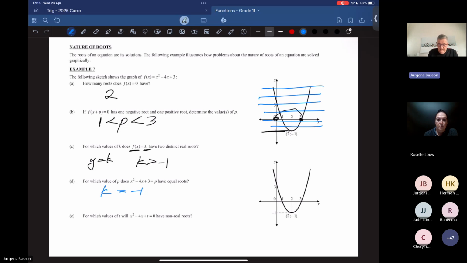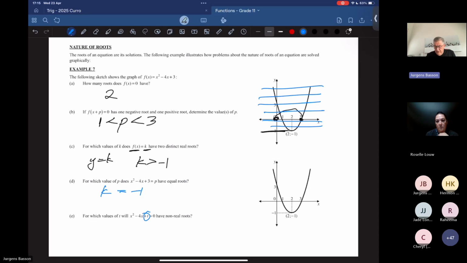This one, number E, is quite different, like I said, from C and D. In C, you can see it is the parabola, f(x) equal to p. But now it's not the full parabola. It's only the first two terms, but instead of the 3 as y-intercept, they now put a t in there. And the question now is that the roots must be non-real.